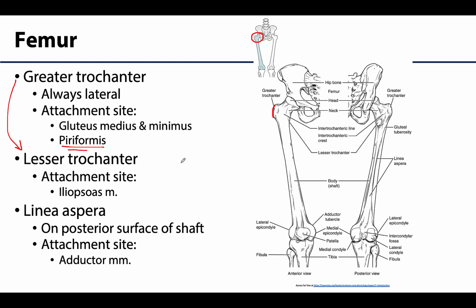The lesser trochanter is going to be the smaller counterpart. You can only really see the lesser trochanter from a posterior view. And you are going to have a muscle referred to as the iliopsoas attaching here. And that iliopsoas will actually originate or have its proximal attachments associated with the ilium as well as parts of the vertebral column.